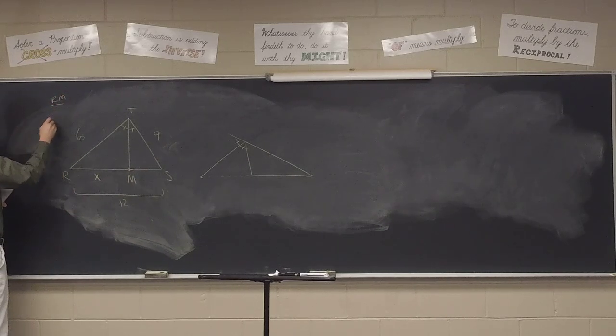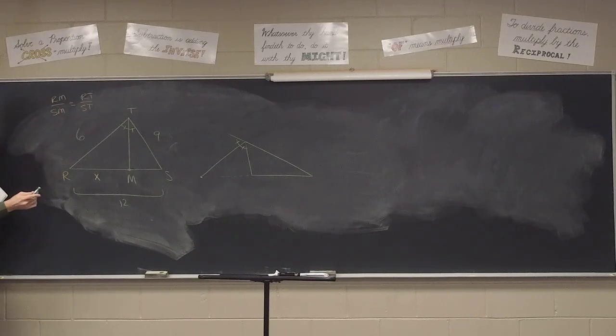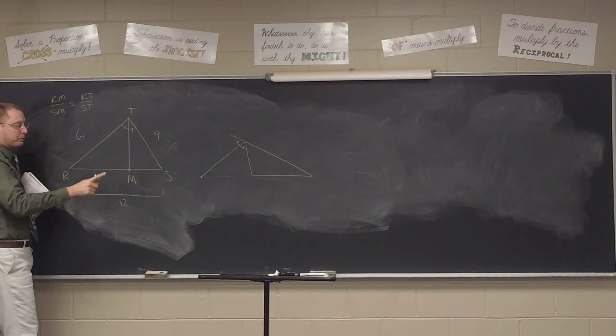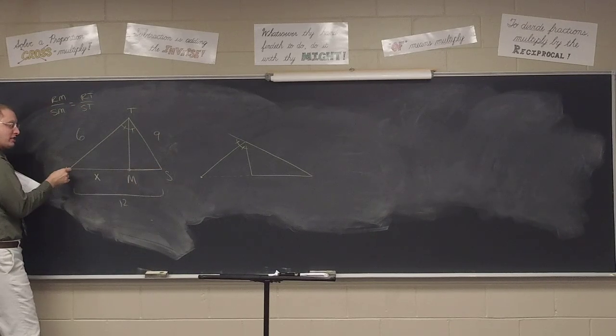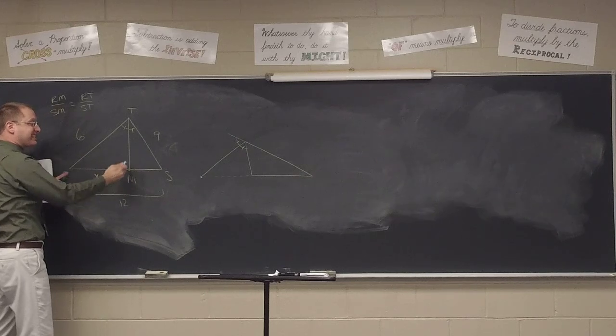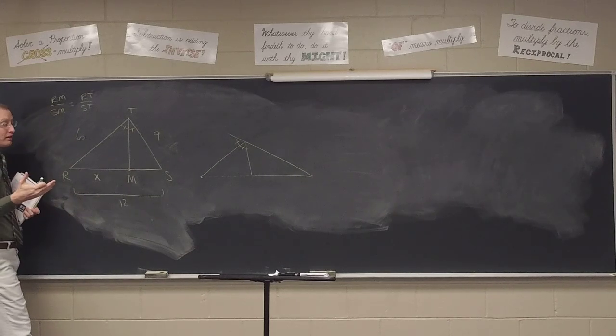MS has to go in the proportion, right? It's segment RM is to segment SM as side RT is to side ST, right? I can't plug in 12. How in the world will I algebraically represent MS if I know the whole line is 12 and this piece is X of those 12 units? Anyone?